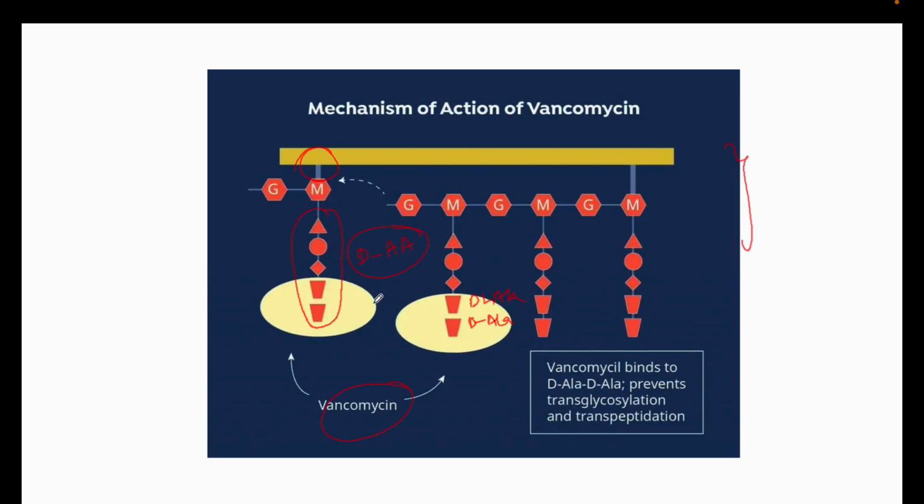Vancomycin binds to the alanine residues. It specifically binds to the D-alanine D-alanine residues, and this binding interferes with transglycosylation.